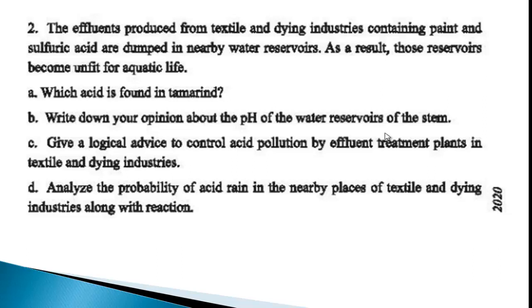How can we control it? We can use this acidic substance for different purposes, such as in many industries where these acids are used as raw materials to produce their products.